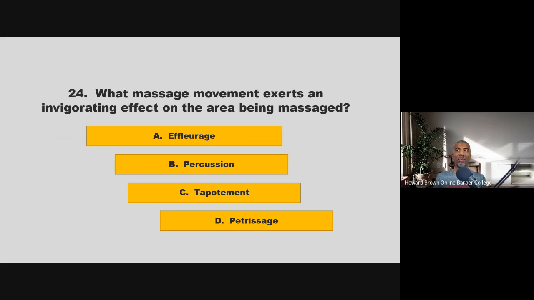What massage movement exerts an invigorating effect on the area being massaged? Is it effleurage, percussion, tapotement, or petrissage? If you chose D, petrissage, you are correct.